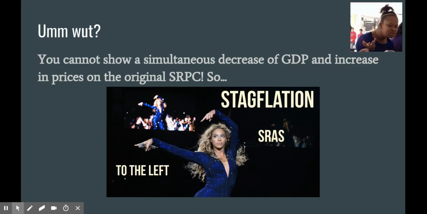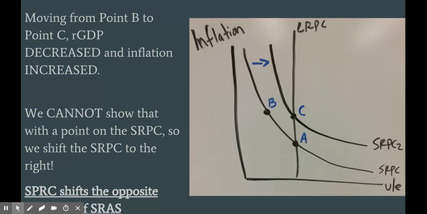Right here, we have the trouble of we cannot show an increase in price level and an increase in unemployment. So what we need to do is see that in the long run, we're actually not seeing a change in unemployment because, again, in the long run, this is where we started.